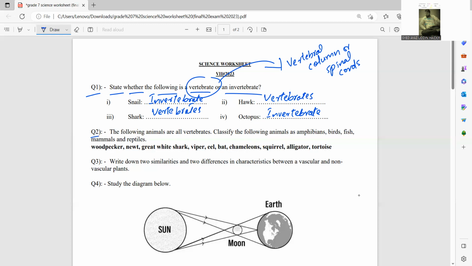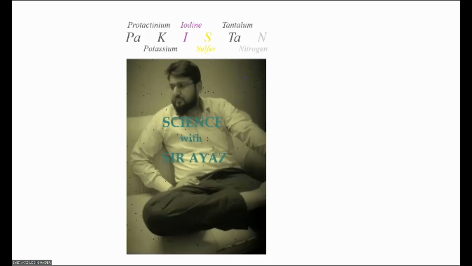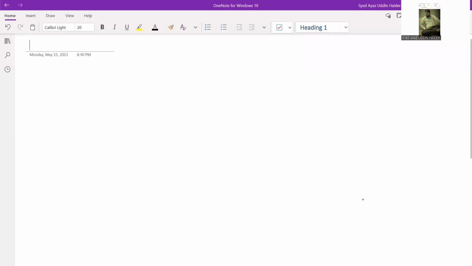Question number 2. The following animals are all vertebrates. Classify the following animals as amphibians, birds, fish, mammals, and reptiles. So I will start with the amphibian.